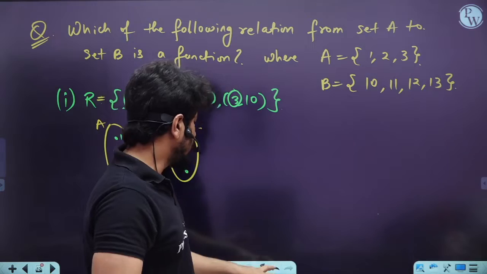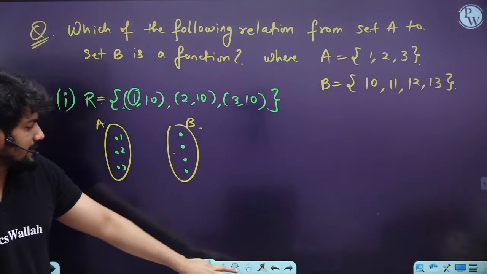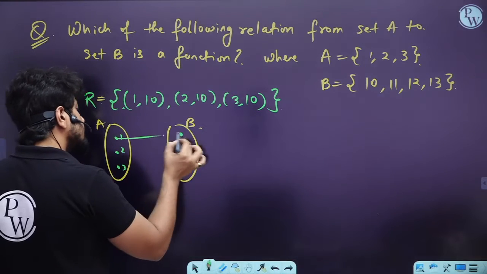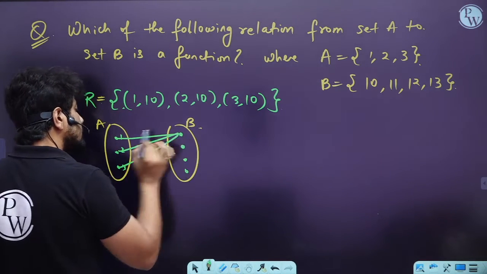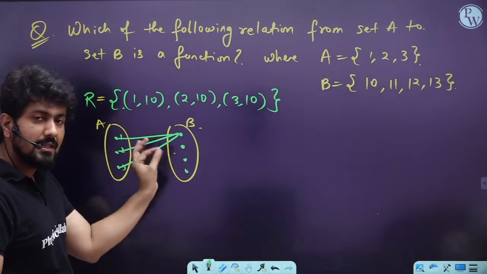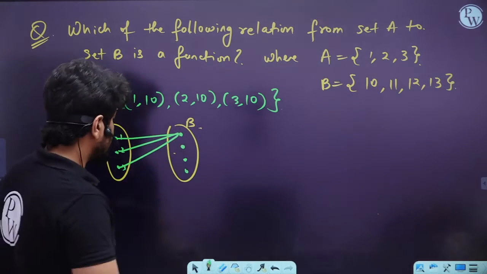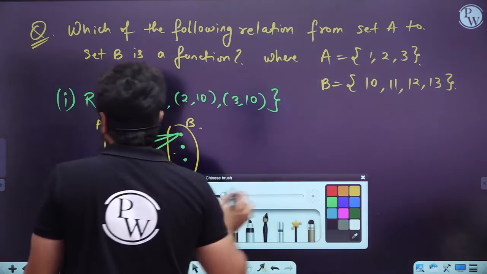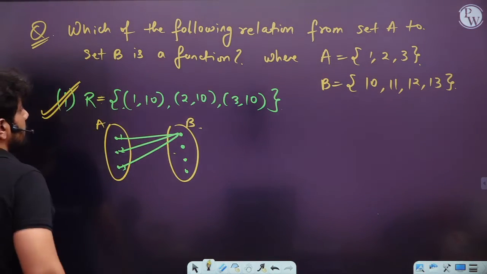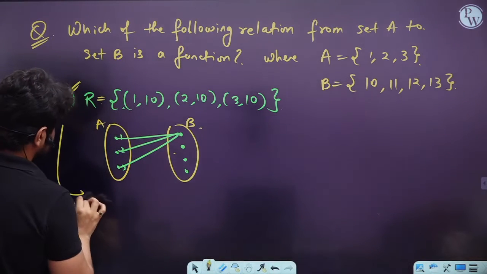Now, are we getting multiple answers at a single input? This is not happening. These 3 inputs are giving us the same output. That is a conversion, and that is not a problem. So, this is a function.